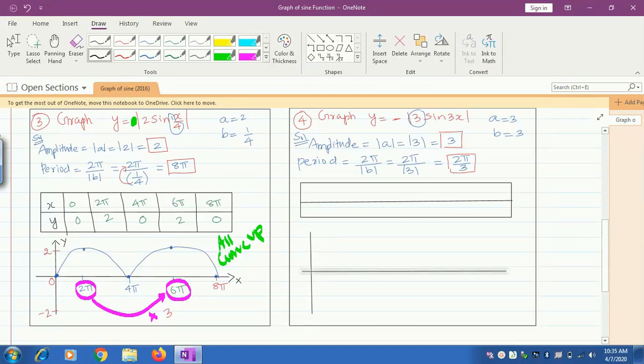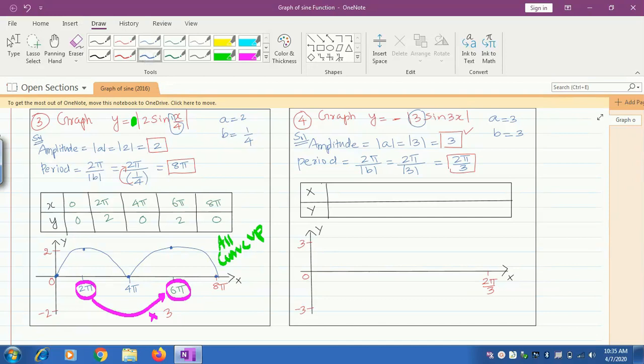This is x, this is y. What is the amplitude here? 0 is the origin. Here 3 is the amplitude, right? And here -3. What is the period? The full period is given by 2 pi over 3.